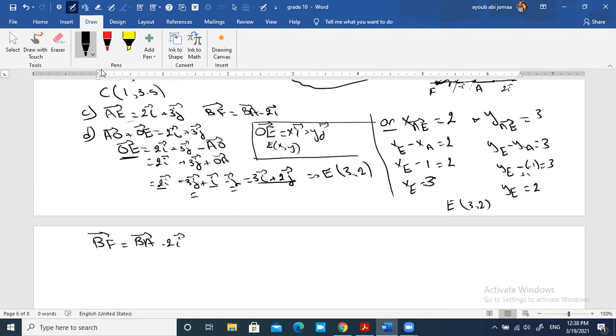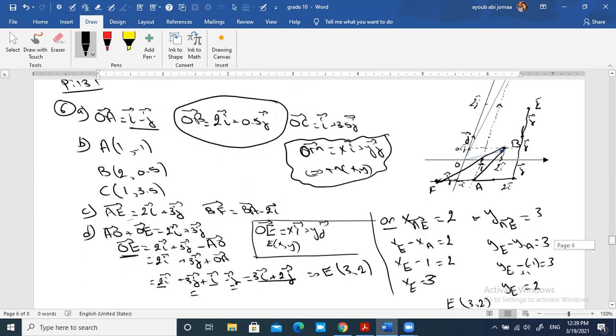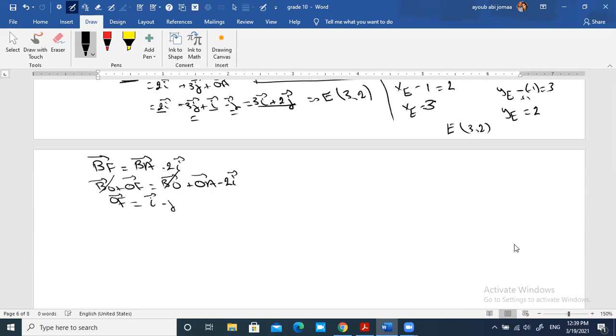The first way, insert point O. So you get BO plus OF is equal to BO plus OA minus 2I. BO and BO cancel. So OF is equal to OA, which is I minus J, so I minus J minus 2I.